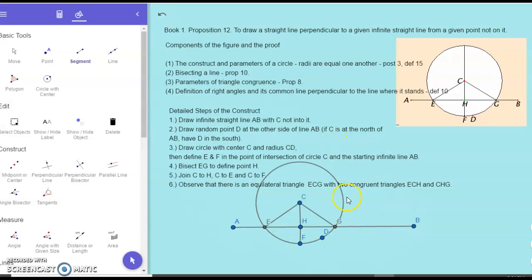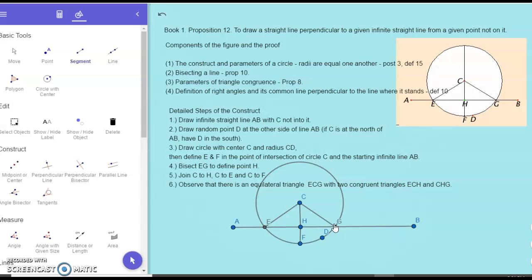Okay, so we have just constructed this figure. We have replicated this here. And observe that there is an isosceles triangle ECG and two congruent triangles ECH and CHG. So let's then show further and prove that indeed triangles ECH and CHG are congruent to each other. Okay, let's do that.